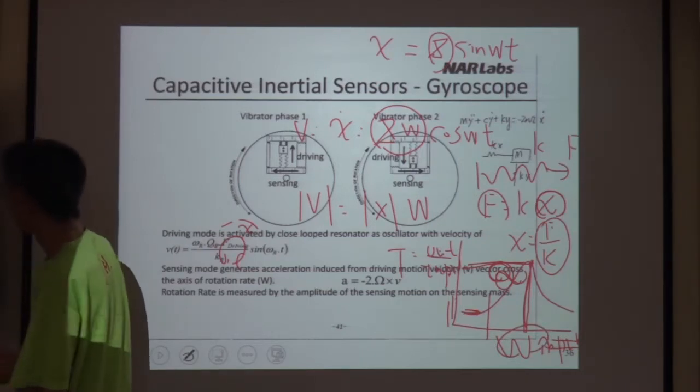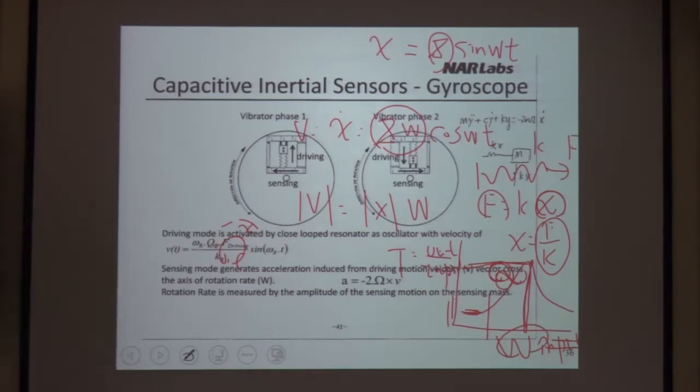And again, X is the displacement. This is the sine function. Then velocity is x dot, ds dt, so ds dt equals x omega cosine omega t. So the amplitude of velocity equals amplitude of displacement times vibration frequency omega.